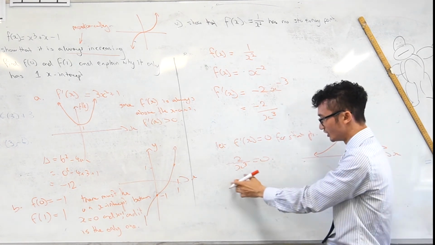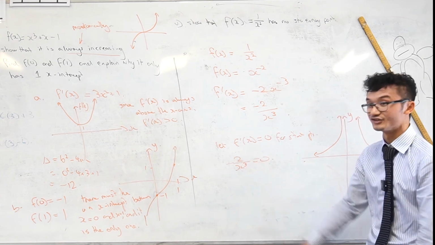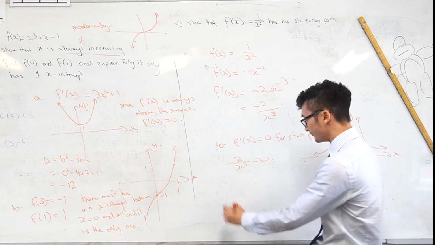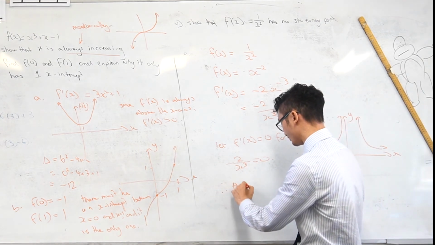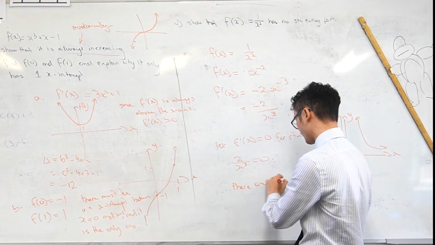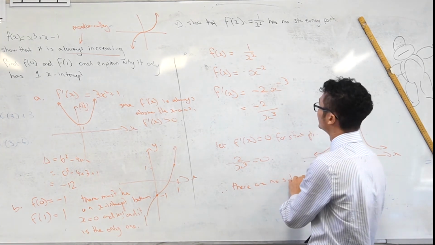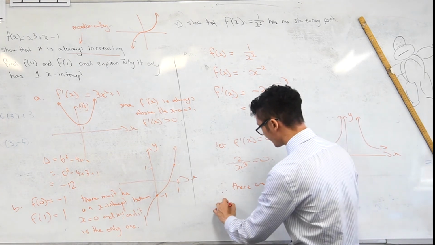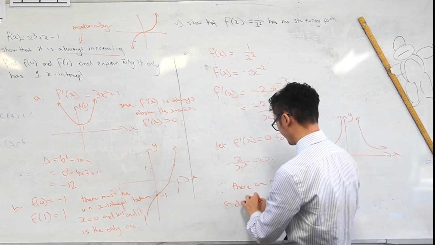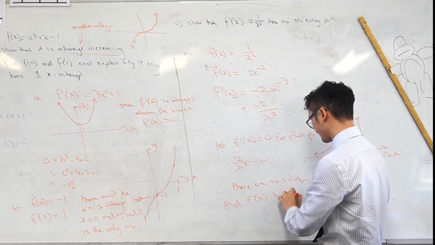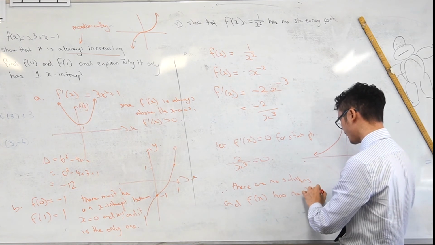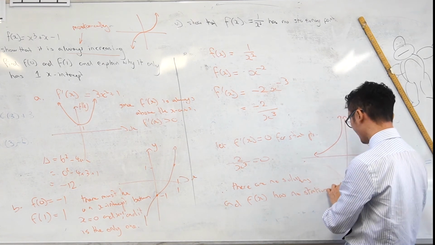If you try 0, it's going to be undefined. If you try any other value, you get a fraction. Therefore, there are no solutions, and f of x has no stationary points.